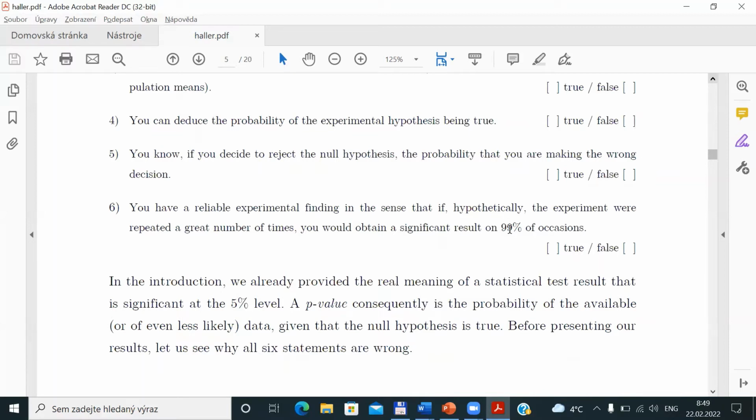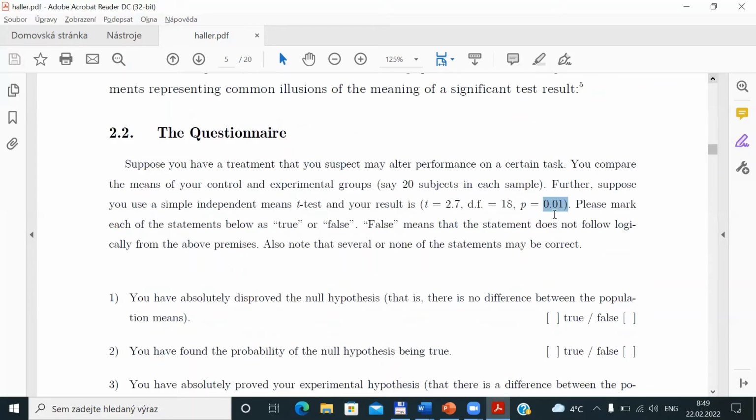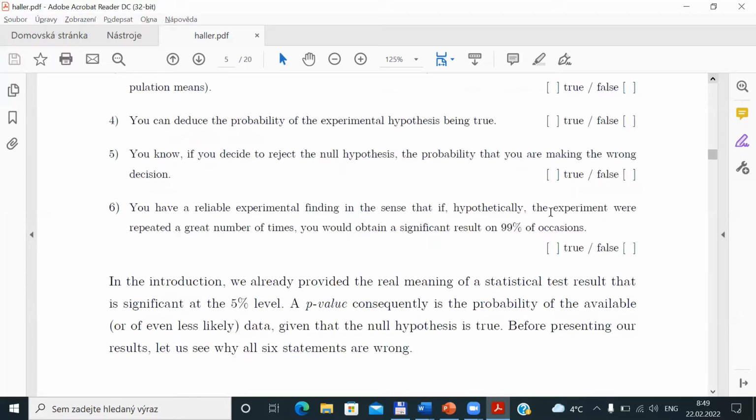These 99 are somehow connected to 0.01: if you take 1 minus 0.01, it is 0.99, which in percentage is 99. My question is whether this statement is true or not.